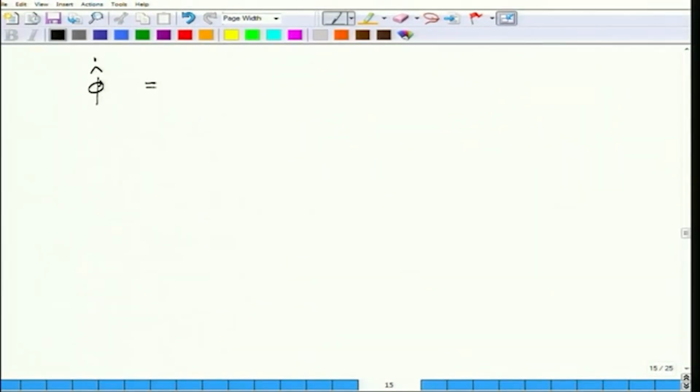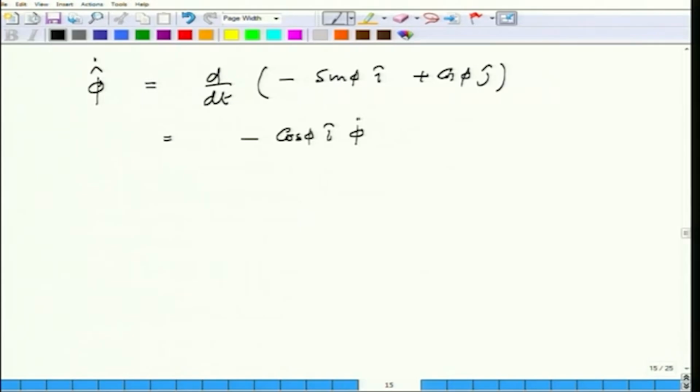Phi unit vector dot is nothing but d by dt of minus sine phi I plus cosine phi j. So this is going to be minus cosine of phi I phi dot minus sine phi j phi dot, which I can write as minus phi dot cosine of phi I plus sine of phi j.